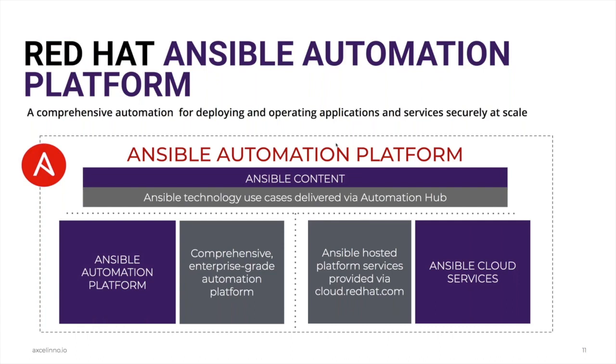When you have a subscription to the Red Hat Automation Platform, you really get three pieces. There's the automation platform, which is the workhorse of everything. That's what's actually doing the heavy lifting, going out and getting everything to where you've told it things need to be.